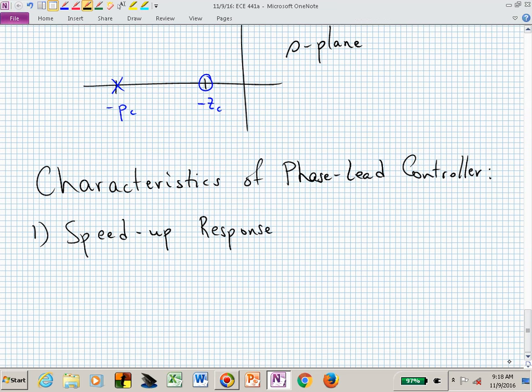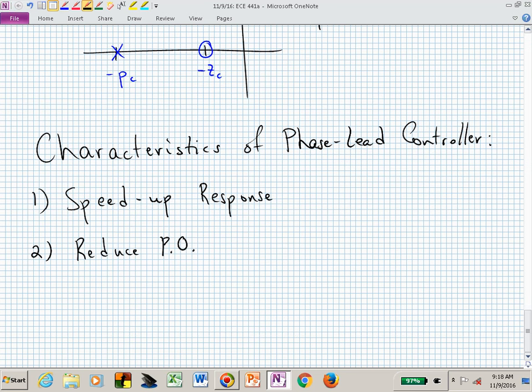And in that case, we may want to introduce a phase lead controller. We're trying to maybe pull the dominant branches of our root locus further into the left half plane by introducing this combination of zero and pole. We may also want to reduce our percent overshoot. Those two together really are going to change our transient behavior.